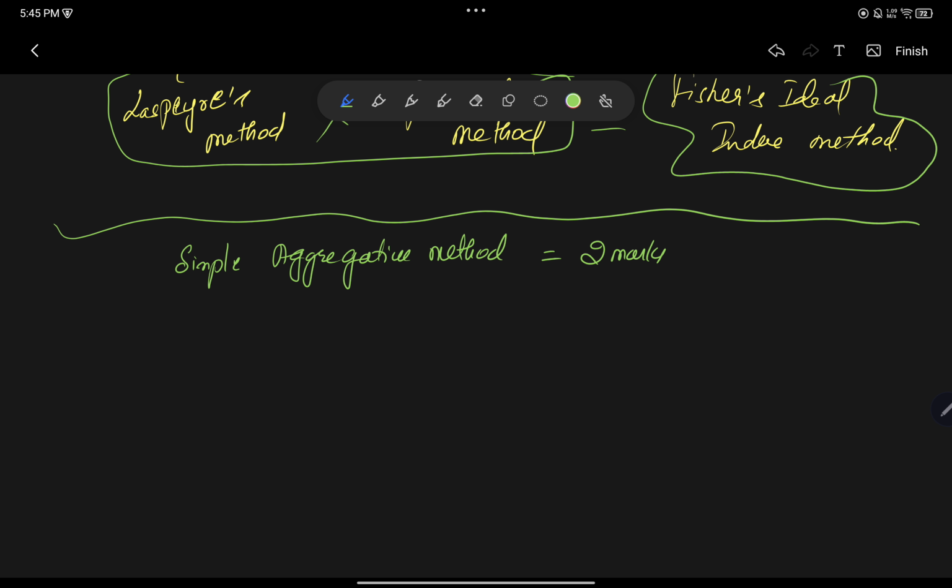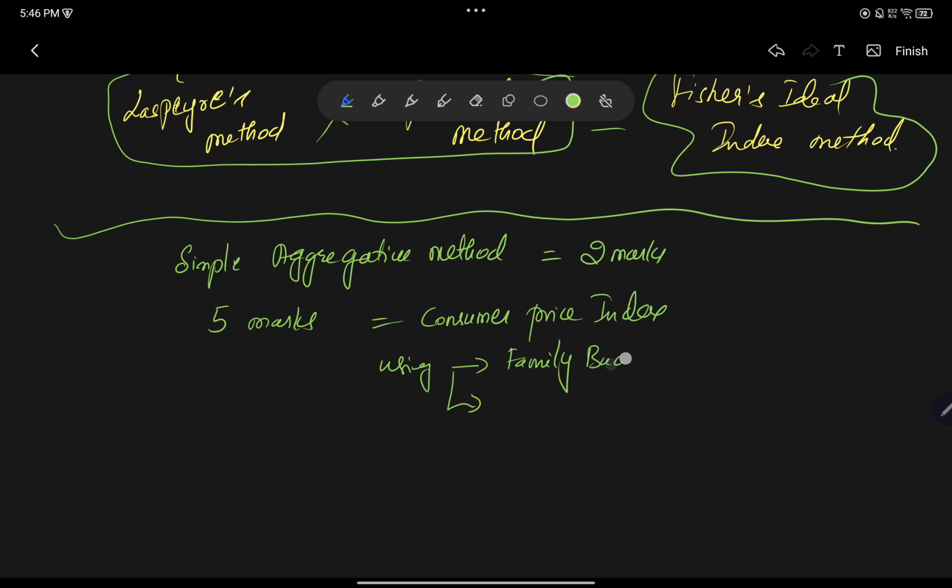The other one, for 5 marks, is consumer price index calculation, which we need to do using two methods majorly: the family budget method and the price relatives method.